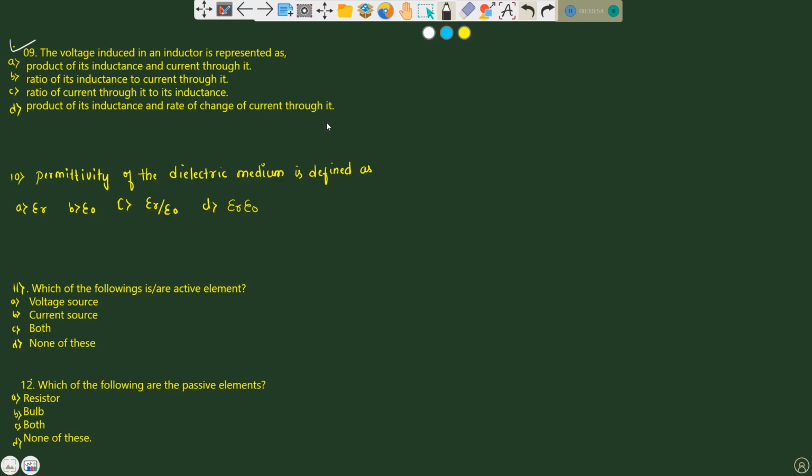Here we know that induced voltage is nothing but L into di by dt. So what is there? Rate of change of current and product of inductance. So this will be option D. The induced voltage in an inductor is represented as the product of its inductance and rate of change of current through it.